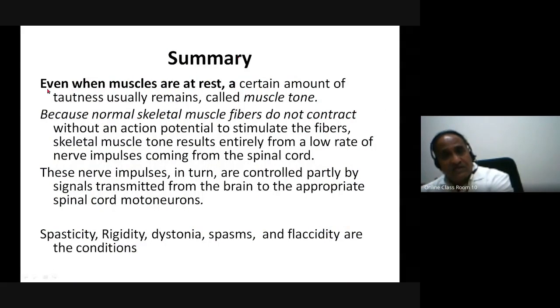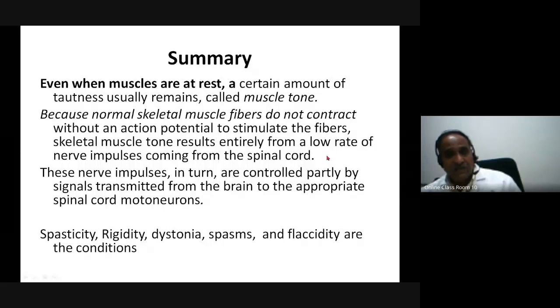Now, to summarize, even when muscles are at rest, a certain amount of tightness or tautness remains, and this is called muscle tone. Because normal skeletal muscle fibers do not contract without an action potential, the reflex activity generates nerve impulses at a slow rate, and that produces the muscle contraction.